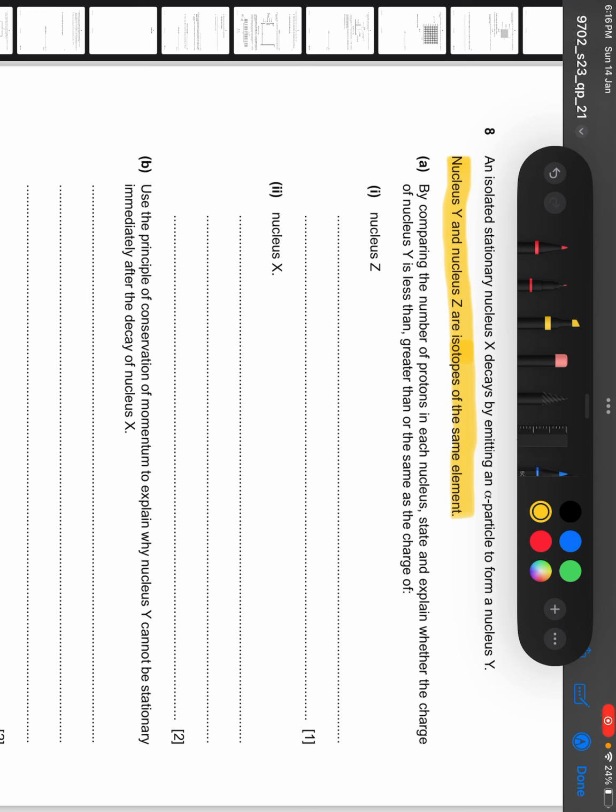The neutrons found in the nucleus do not have charge, it's only the protons which have charge. So the charge of the nucleus depends on the protons. Since they are isotopes and have the same number of protons, they will have the same charge.